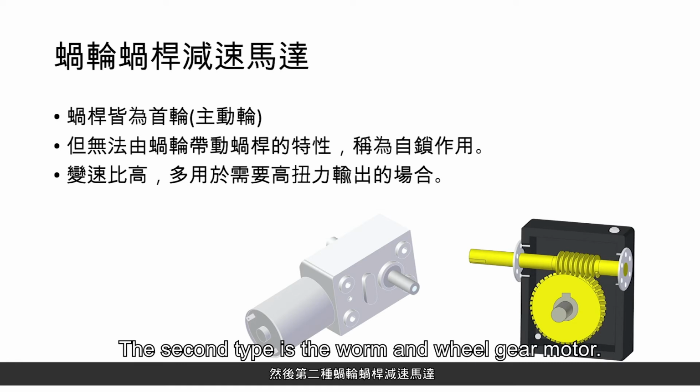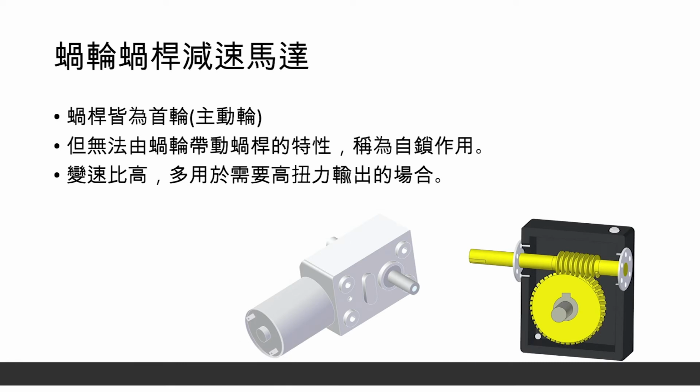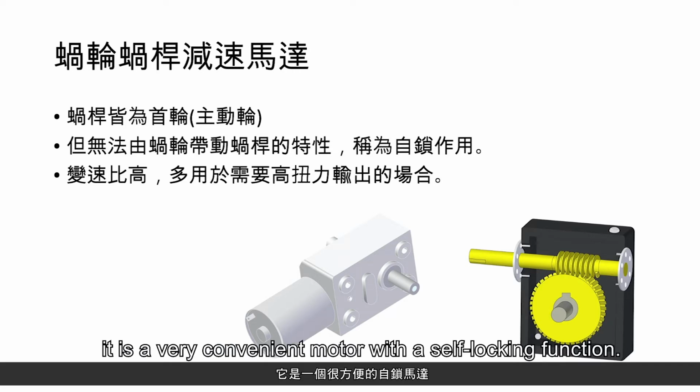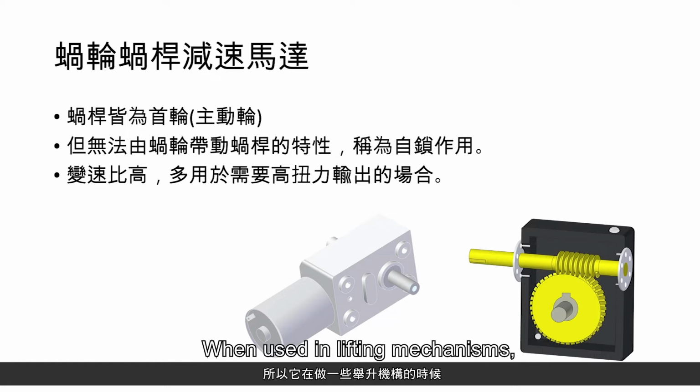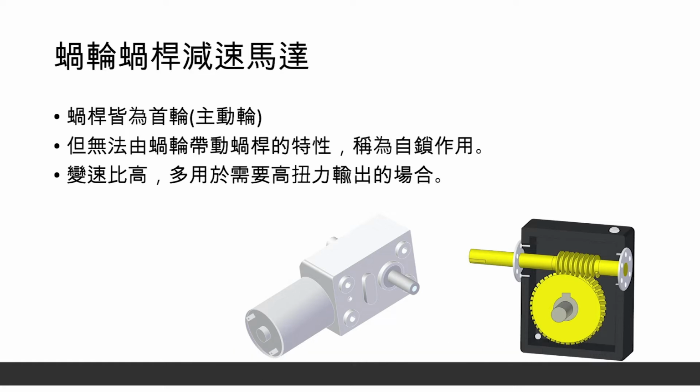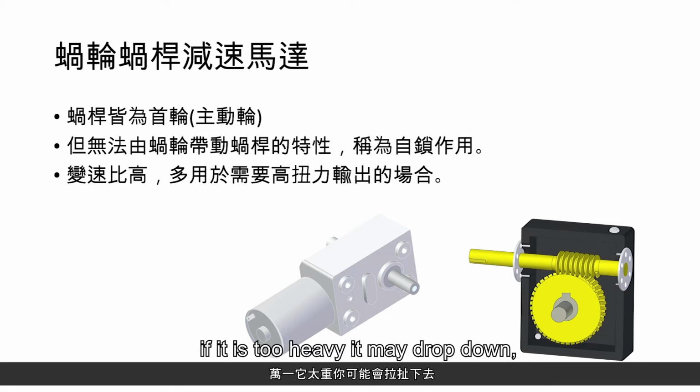The second type is the worm and wheel gear motor. When using this type of motor, as mentioned before, it is a very convenient motor with a self-locking function. When used in lifting mechanisms, since you're lifting an object, if it is too heavy, it may drop down. But if you use a worm and wheel gear motor, it won't have this problem. It's not possible to transfer any force from the wheel back to a worm.